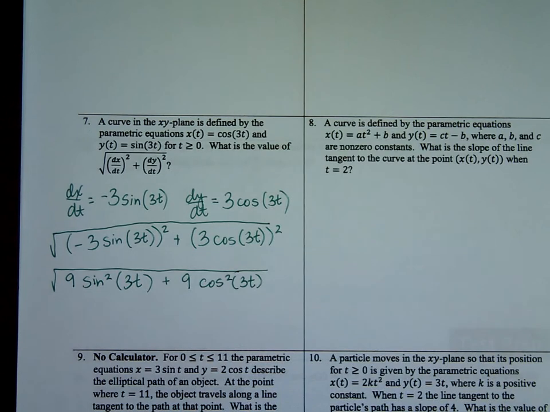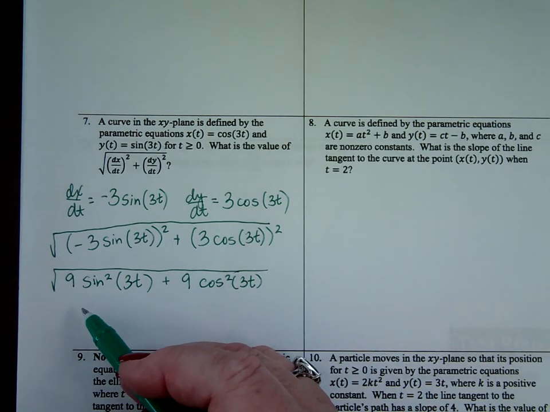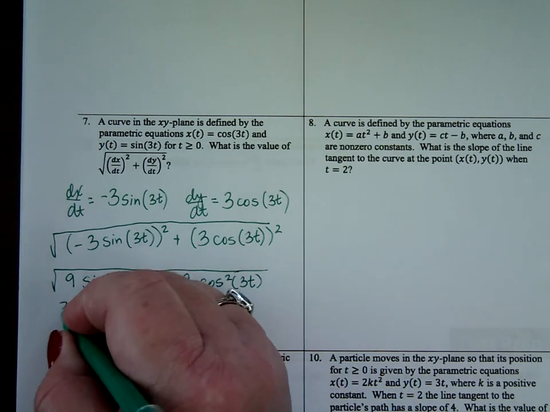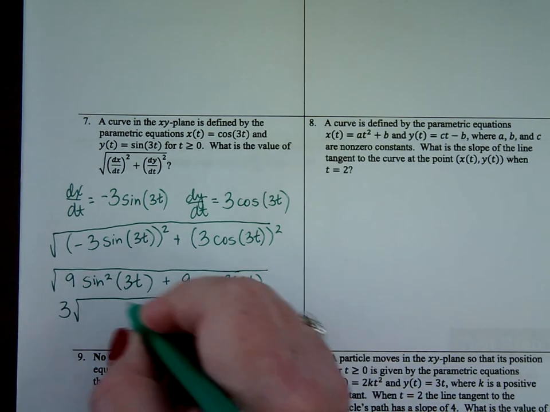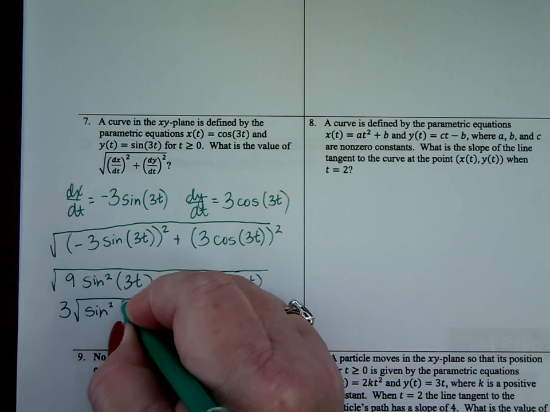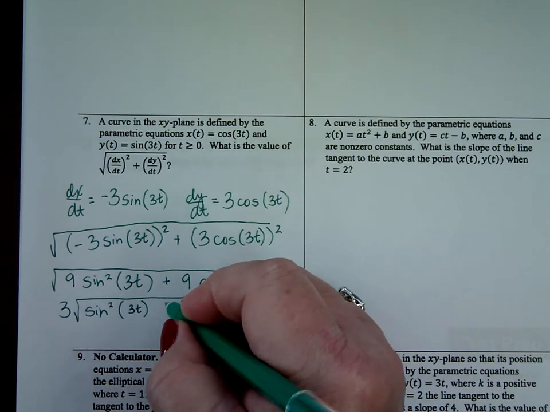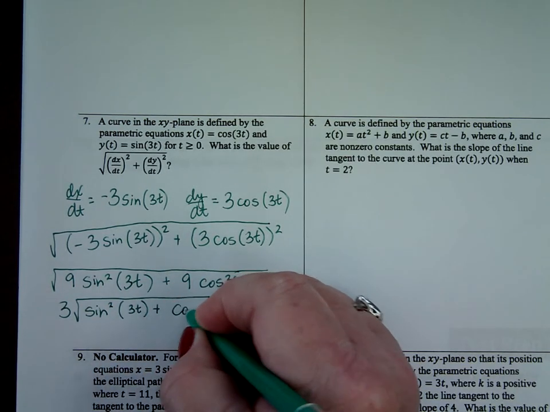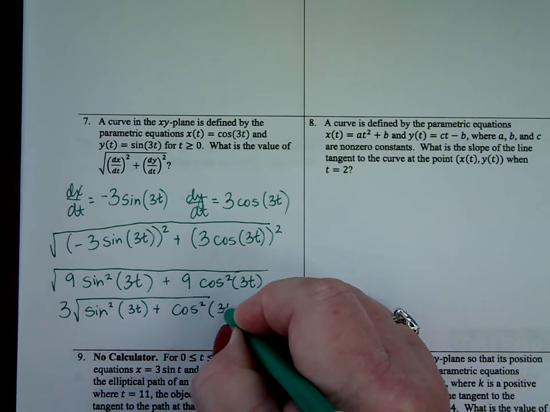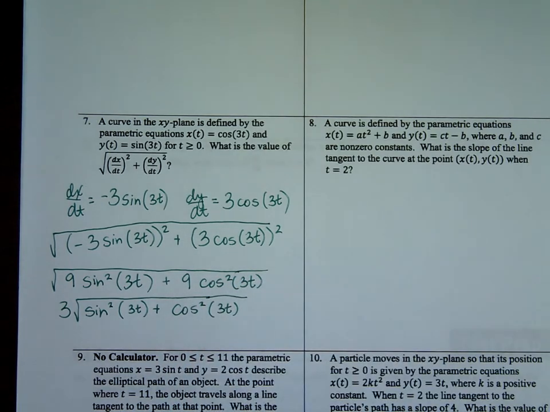Well, that's kind of interesting. If I factor out a 9 and take the square root of 9, that puts me at a 3 on the outside. And that leaves me with a sine squared of 3t plus a cosine squared of 3t. Well, guess what?